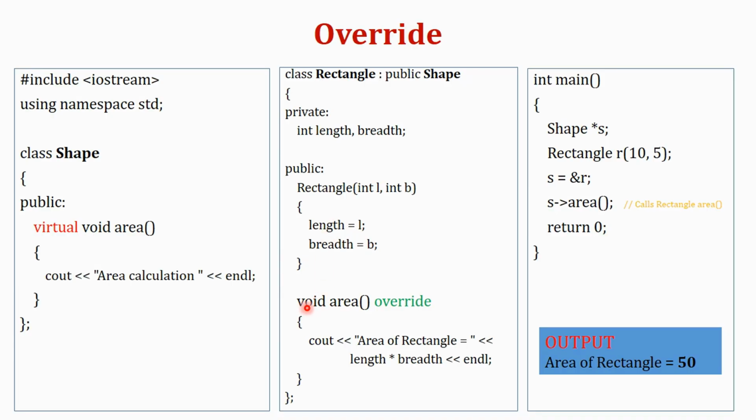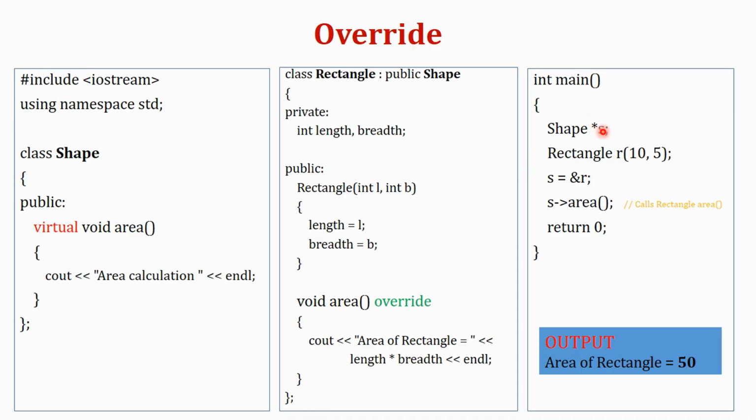And next, we are using the same function, void area, which is already defined in the super class, that is the base class, right? The same function is redefined here. We are writing a new word, that is override. Here we are going to calculate the area of the rectangle. At the same time we are going to display it. The class is closed.